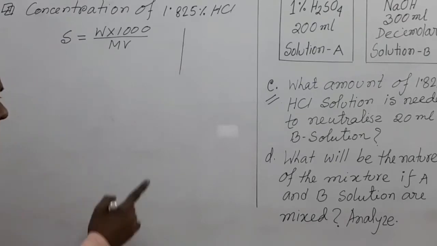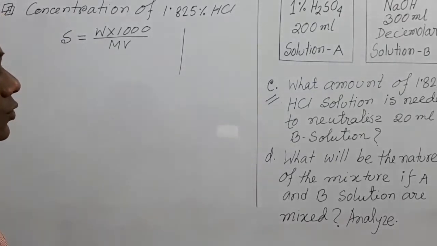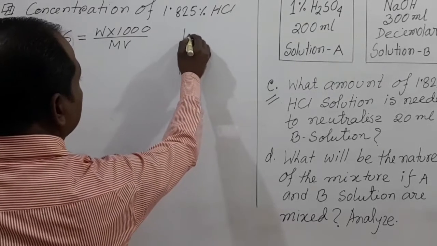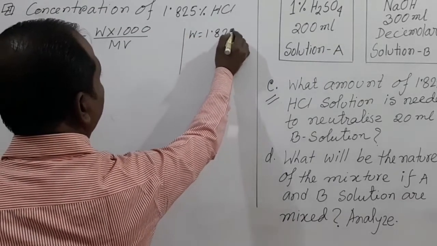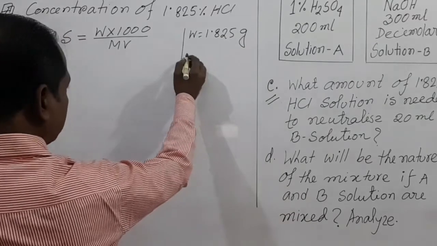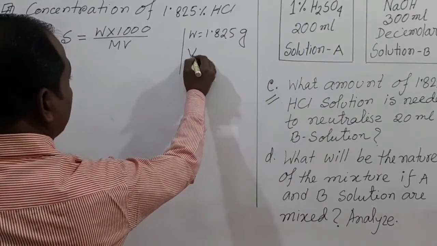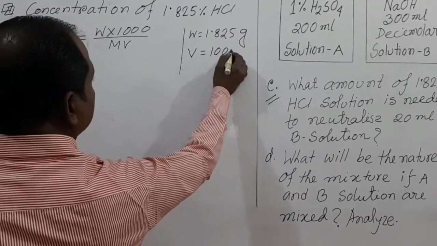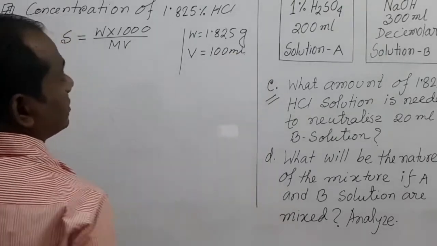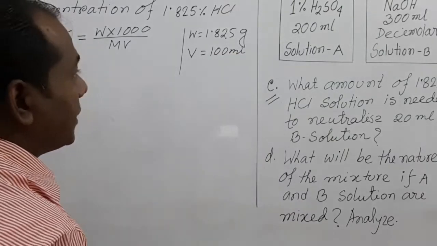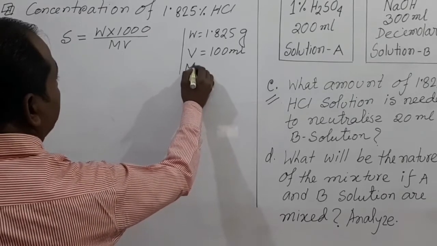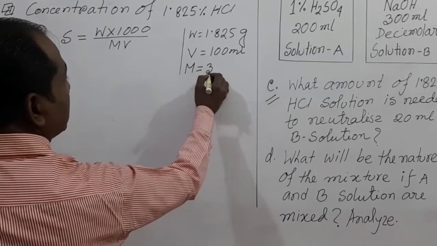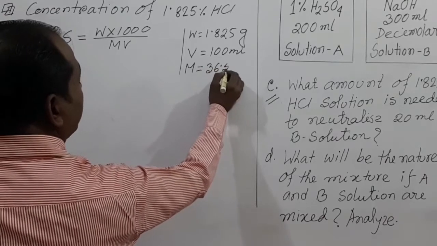Here given 1.825%, that means W equal to 1.825 gram, volume V equal to 100 ml, because here percentage is given, and the molecular mass of hydrochloric acid is 36.5.